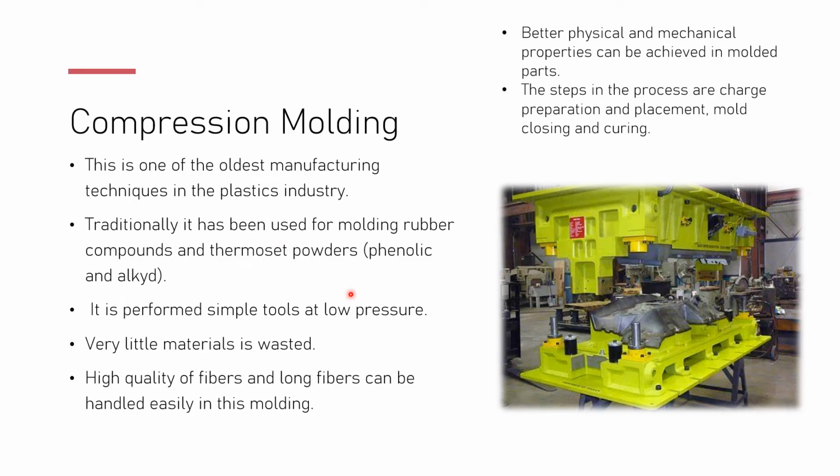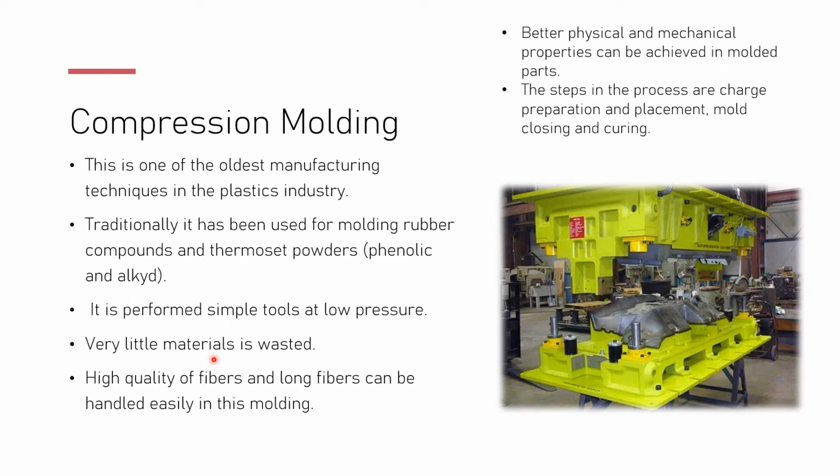Compression molding. It's one of the oldest manufacturing techniques in the plastic industry, and you have already learned about that in the plastics unit and chapter. Traditionally it has been used for molding thermoset compounds and thermoset powders, your phenolic and your alkyd. It's performed with simple tools at low pressure.